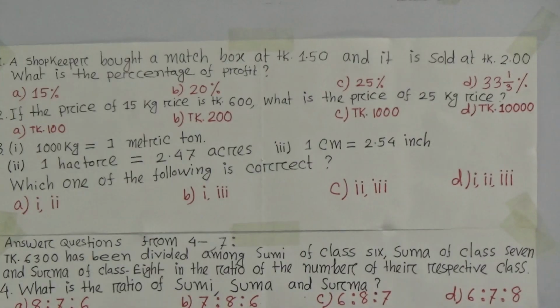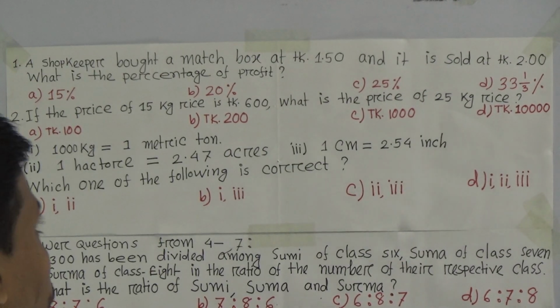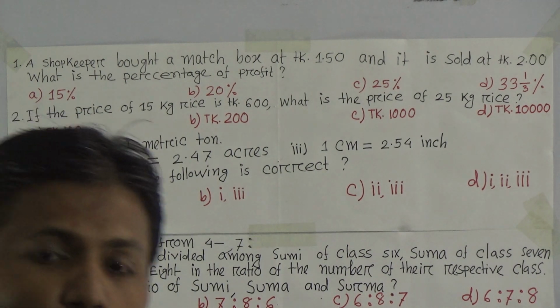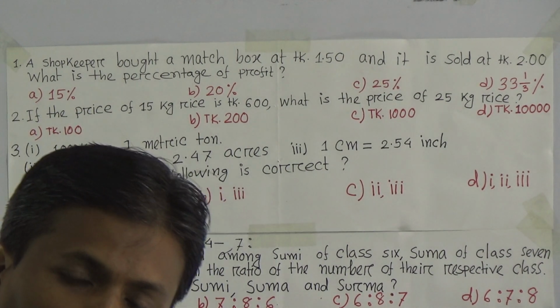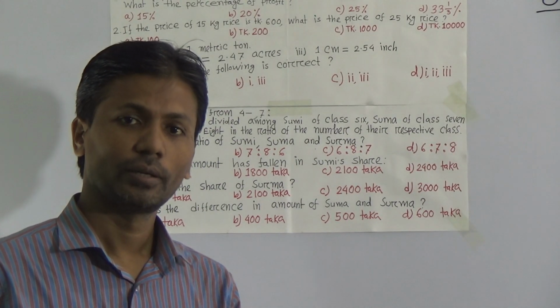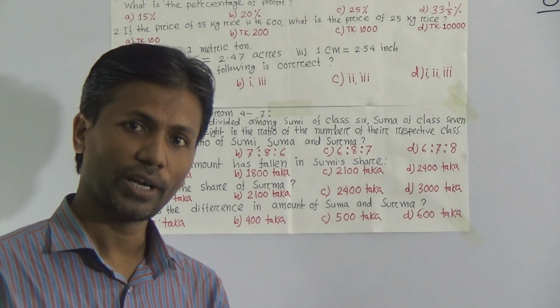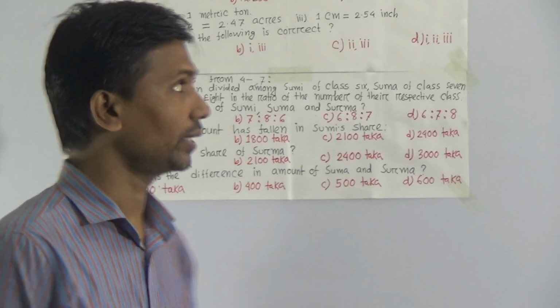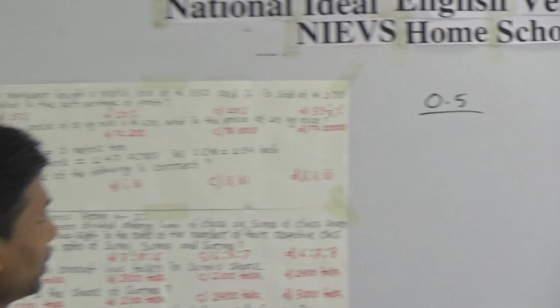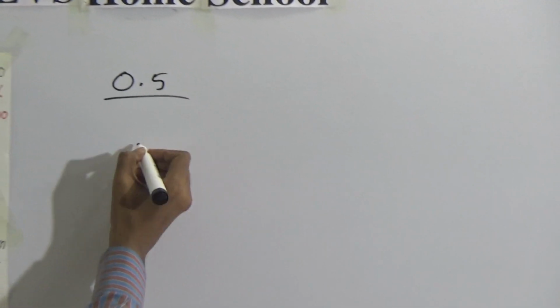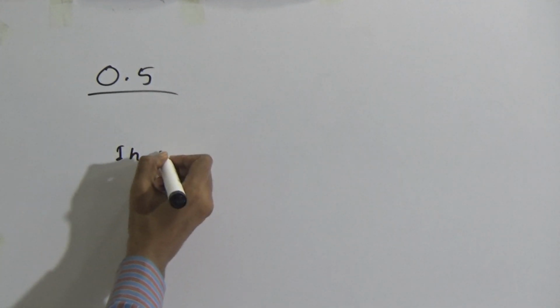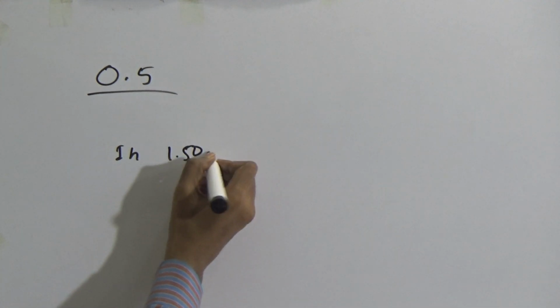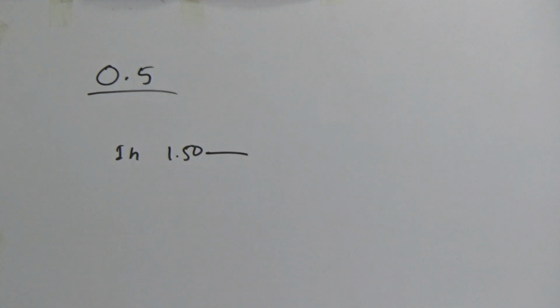Dear student, you know profit or loss should always be calculated based on the cost price. That means we can say in taka, on 1.5 the profit is 0.5 taka.